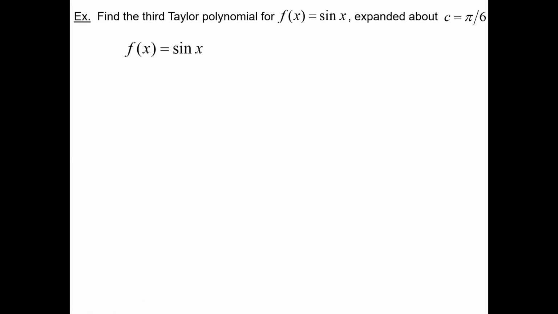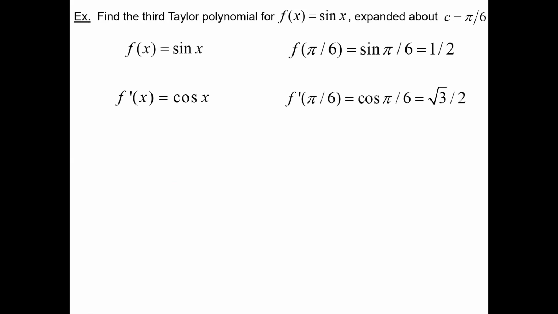So we need f of pi over 6, which is sine of pi over 6, which is 1/2. The first derivative would be cosine x, so f prime at pi over 6 would be square root of 3 over 2. The second derivative would be negative sine x, so the second derivative at pi over 6 would be negative 1/2.